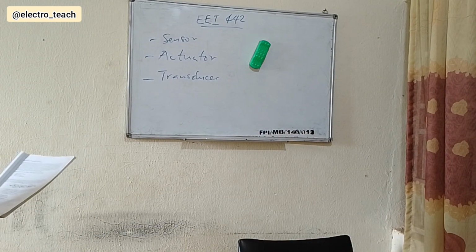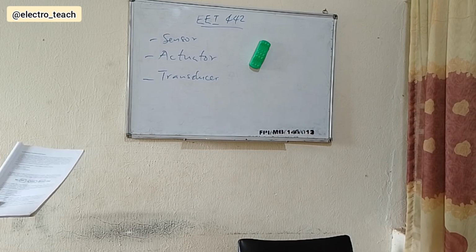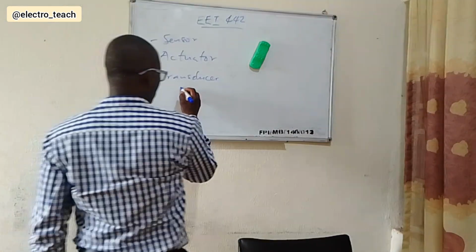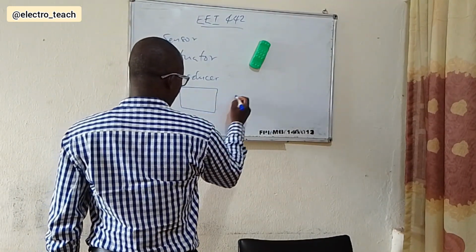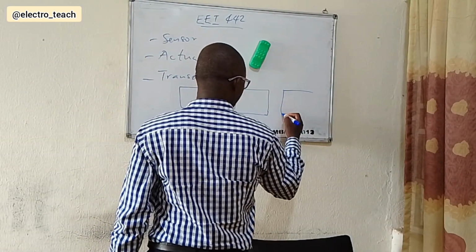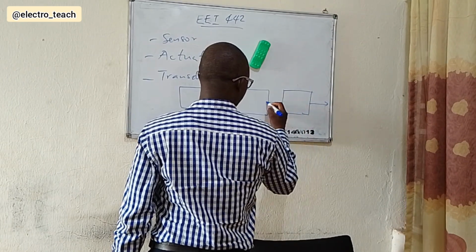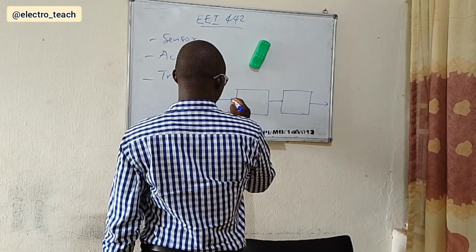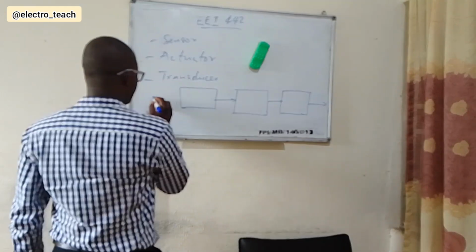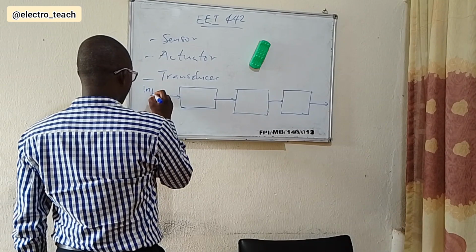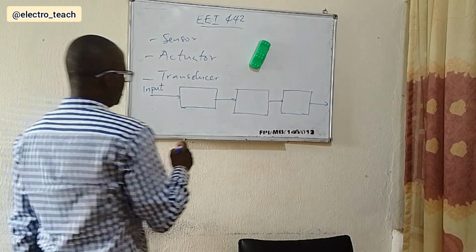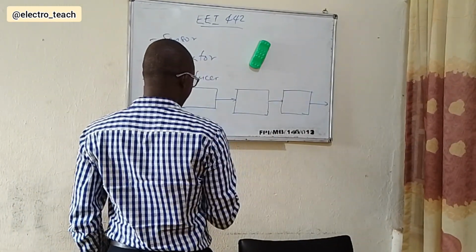Okay. Now the basic instrument system consists of three elements. We can use this block diagram to explain that. We have a block diagram to describe the basic instrument system. What you have is the input signal coming in from here, which is usually a physical parameter or other parameters.